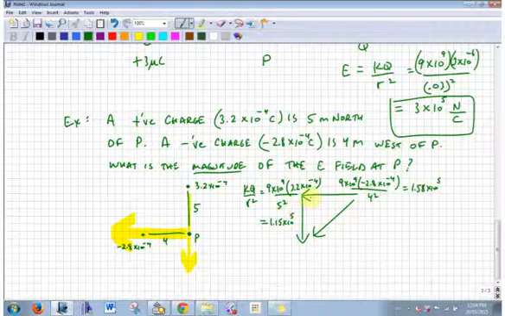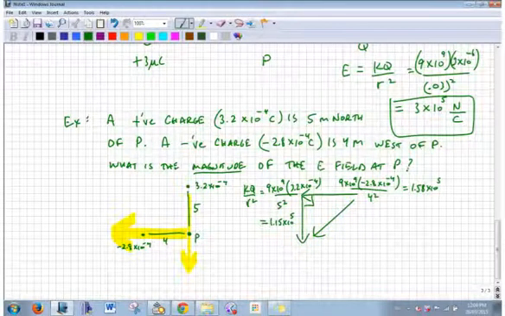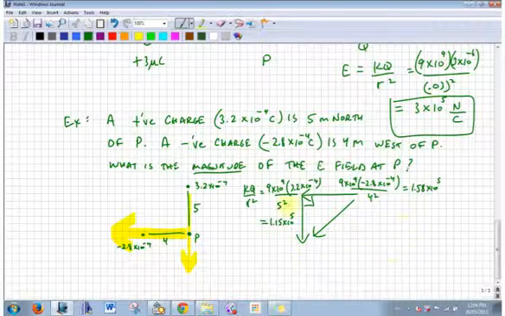Okay, so this is a right angle. One's south, one's west. We just want a magnitude. I didn't really even need my picture. That squared and that squared.